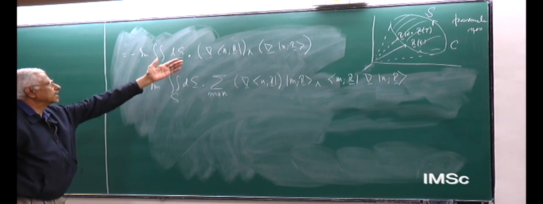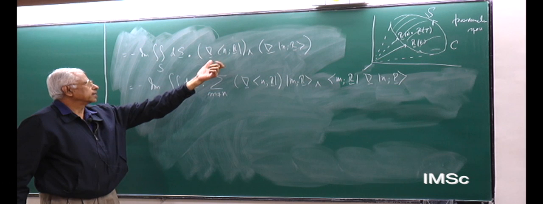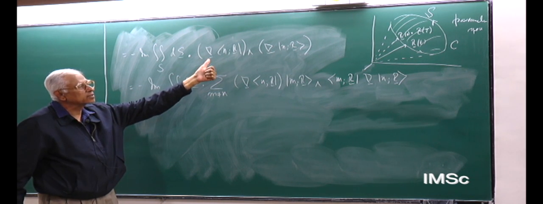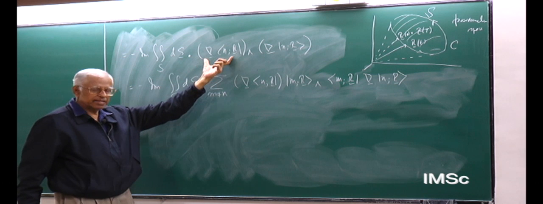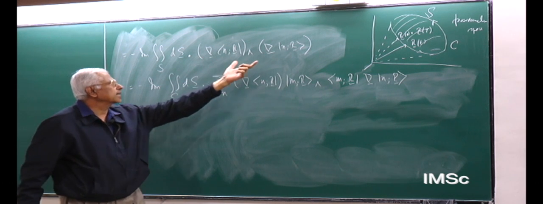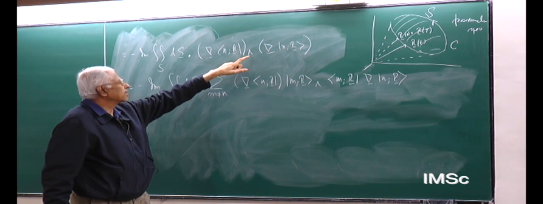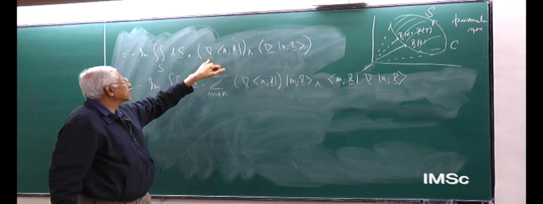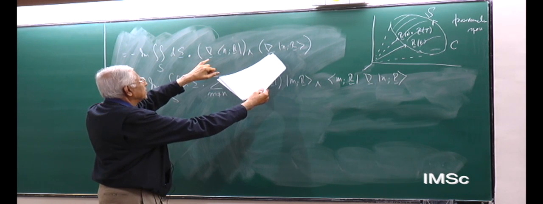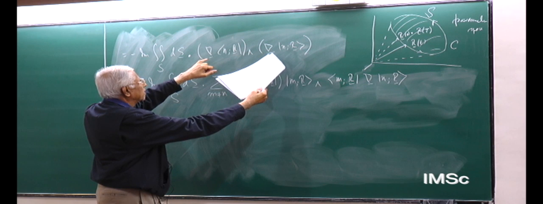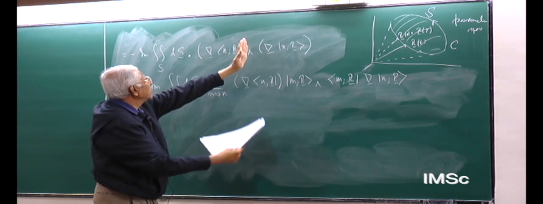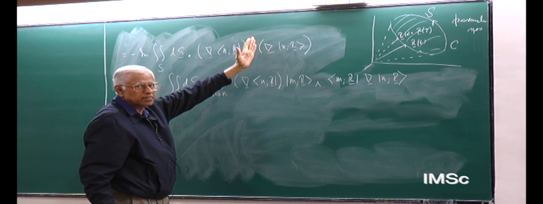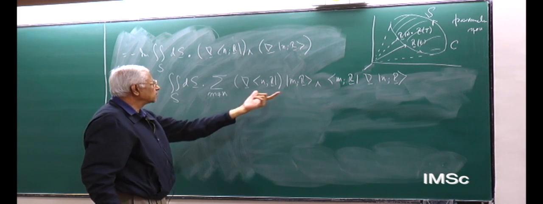What I have done is, it doesn't matter that there is a gradient operation here with respect to the parameter r. This is essentially a bra vector, this is a ket vector. This curl cross product operation is acting on these two symbols, if you understand what I mean. In between here, I can put a complete set of states as far as the Hilbert space structure is concerned. And that is what I have done.